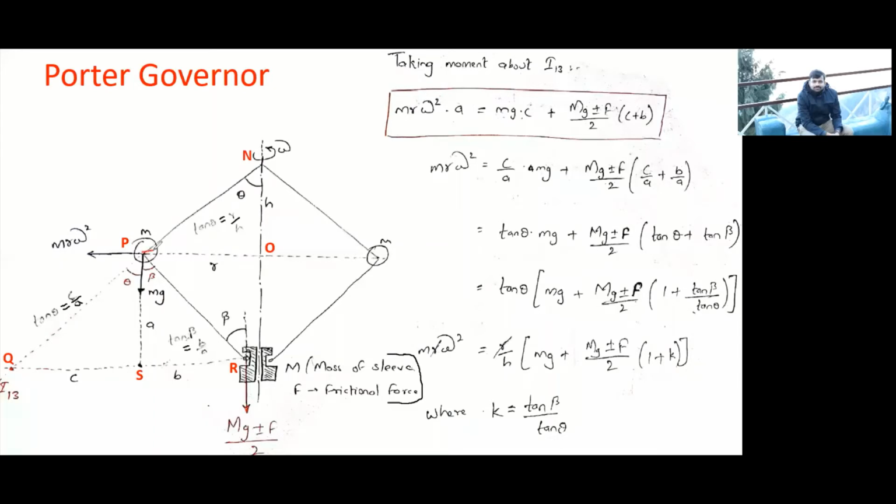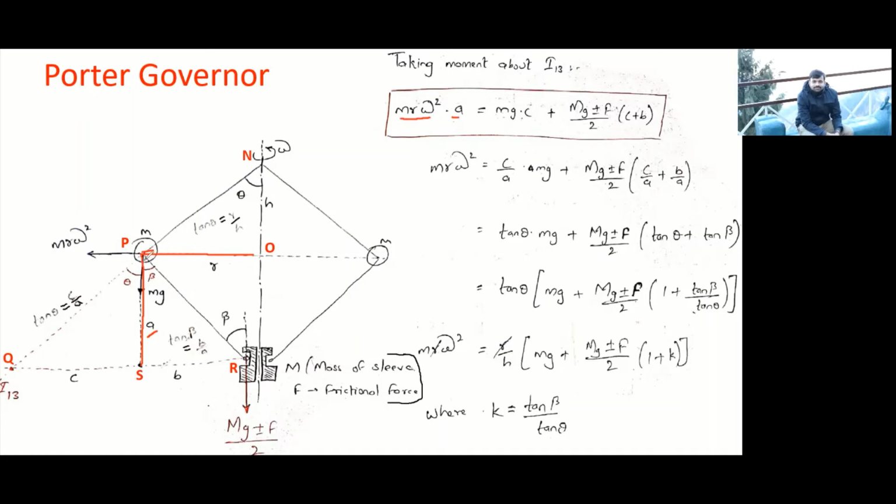This would be the line of force, and the perpendicular distance of this force line from this point will be nothing but this distance, and this distance is a. Okay, so this is what is written over here: force multiplied by distance. So m r omega square multiplied by distance a would be equal to mg multiplied by c.